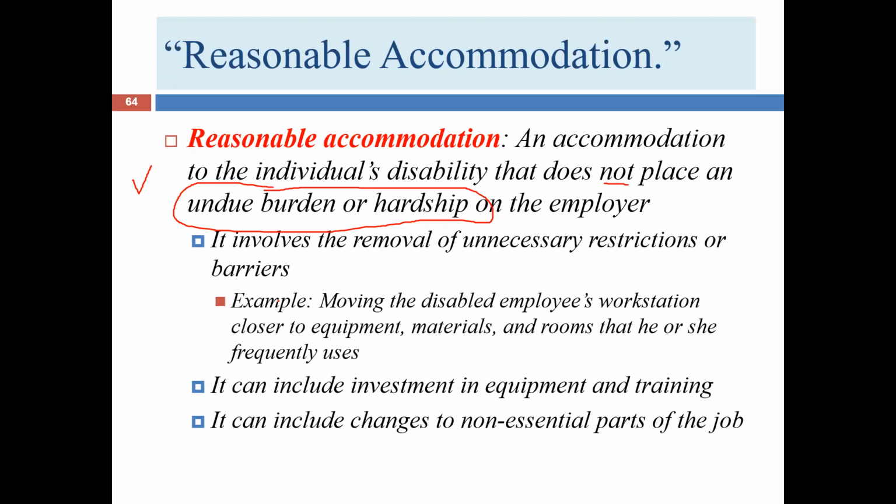I may need more filing cabinets because they're going to be lower. So the physical plant where I'm working may need to be different to remove those obstacles. There may need to be ramps in places where there were maybe steps or things along those lines. Those would all be reasonable accommodations.